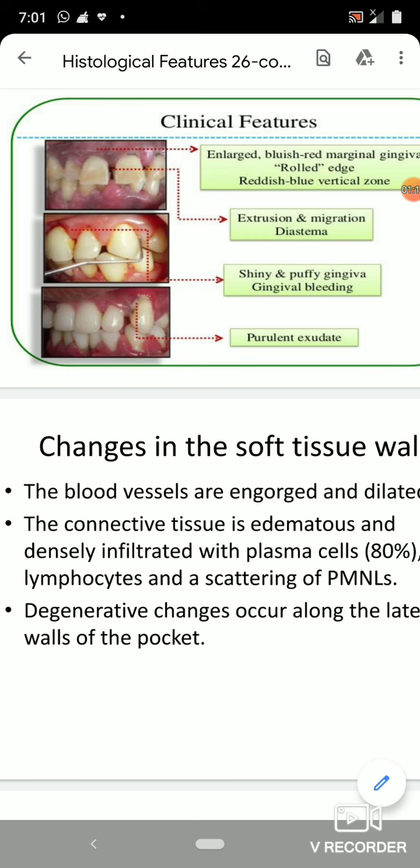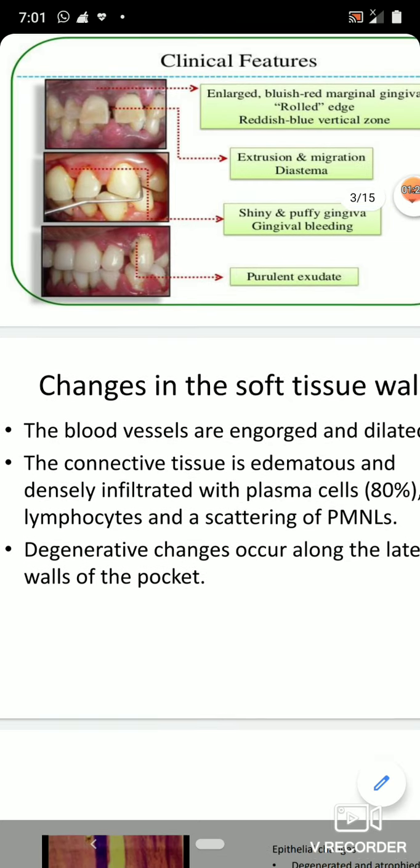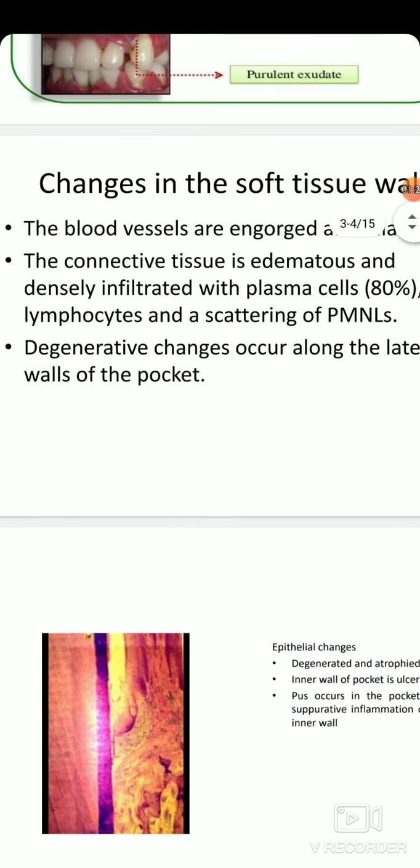So these are all inflammatory features and changes which occur histologically in the soft tissue.